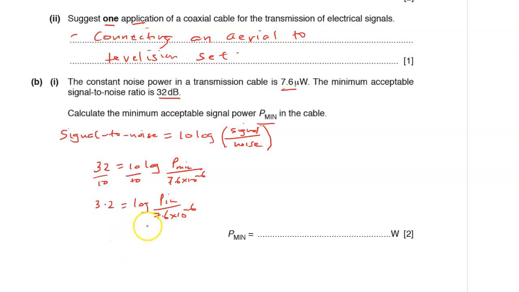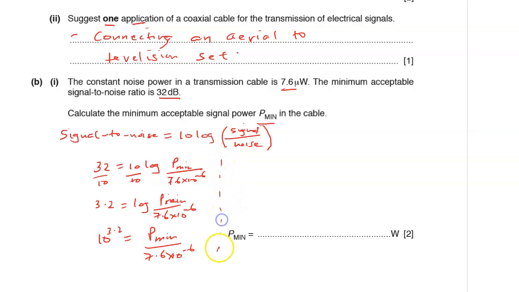Therefore, you take antilogarithm both sides. What you're going to get is 10 raised to power 3.2 is equal to P min divided by 7.6 times 10 raised to power minus 6.